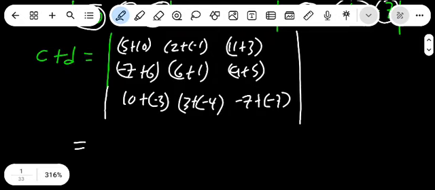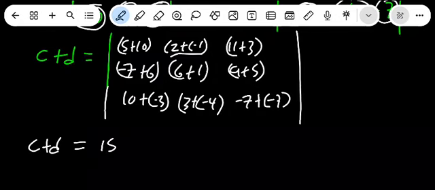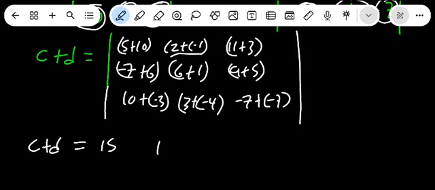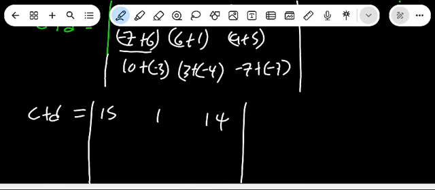Right, so the C plus D matrix will have 15, this will give us 1, then 14, minus 1, 7, 14.